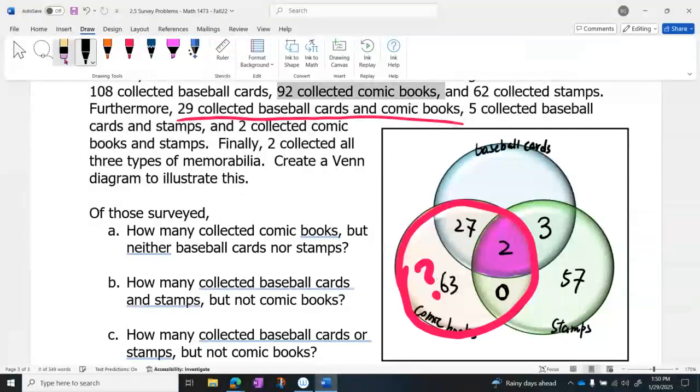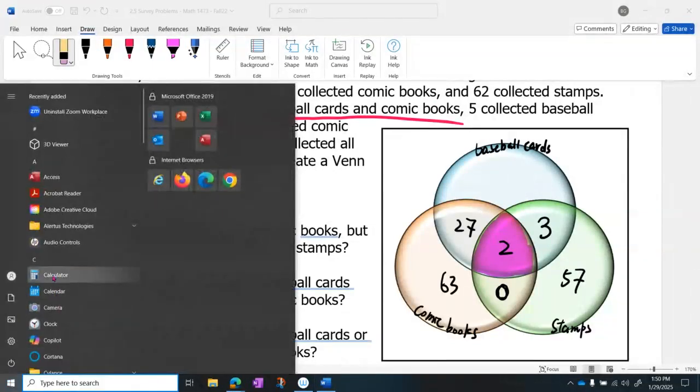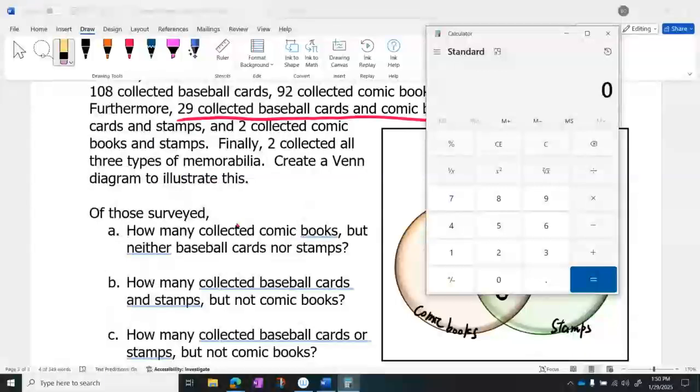63. Same idea, right? We need to make sure in the circle we have 92. We already have 27 here, 2 here. That is 29. 29 plus 63 is 92. Yeah. I actually encourage you to use a calculator.